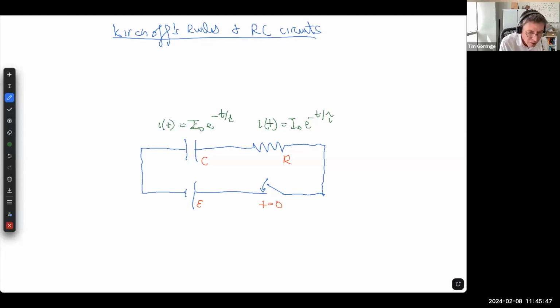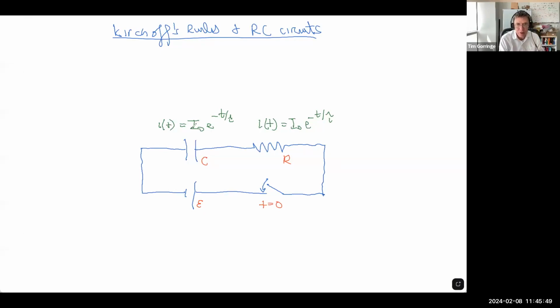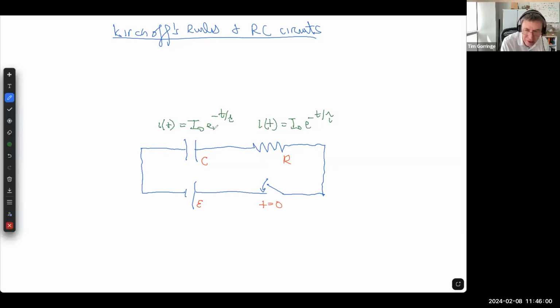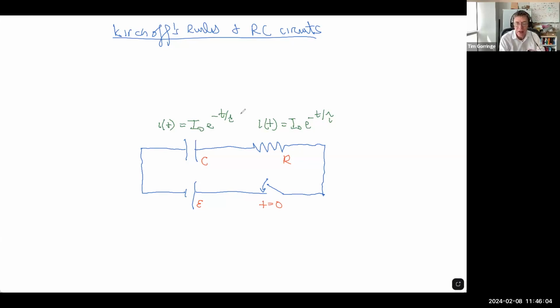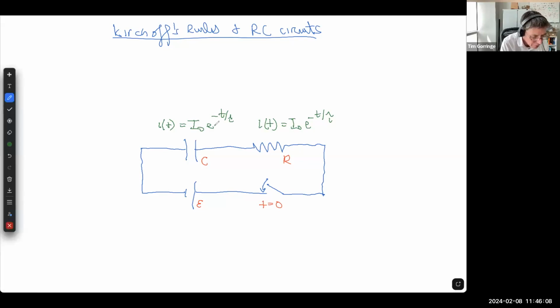So this equation describes the current around the circuit. The current is greatest at time zero, the moment you close the switch. That's when the exponential with the negative exponent is greatest. It's 1 at that moment. The current then shrinks as the time increases.